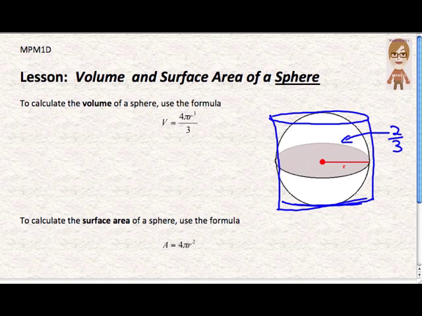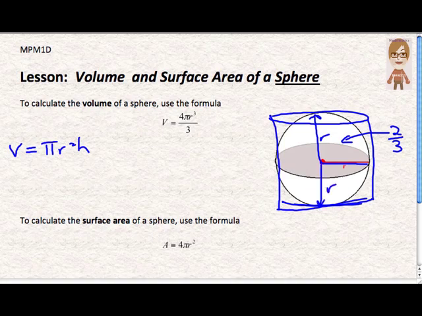So if we start out first with the cylinder, the formula for volume is pi r squared times the height. And that is the base area times the height for the cylinder. If we also notice that this is the radius here, going from here to here on the sphere, we could also go vertically. That's also the radius, and this is also the radius.